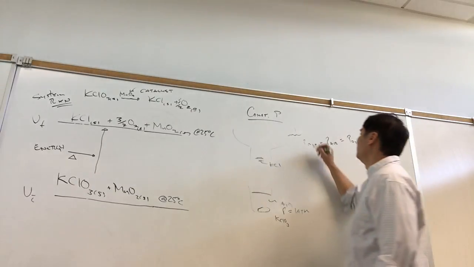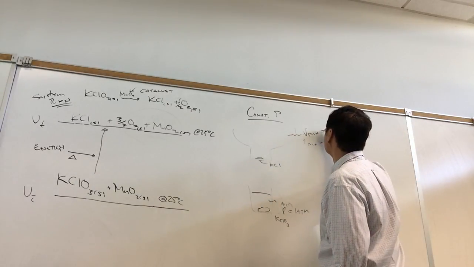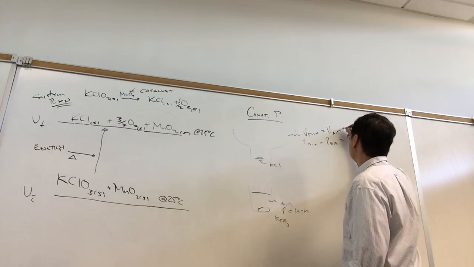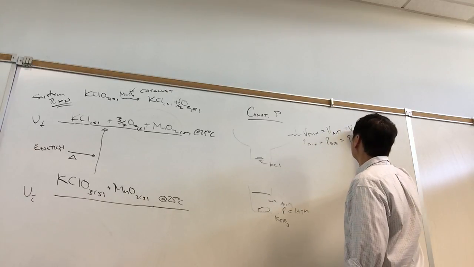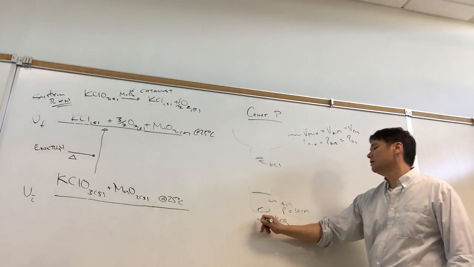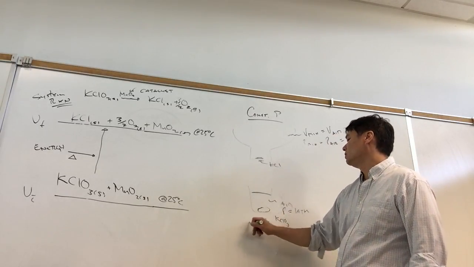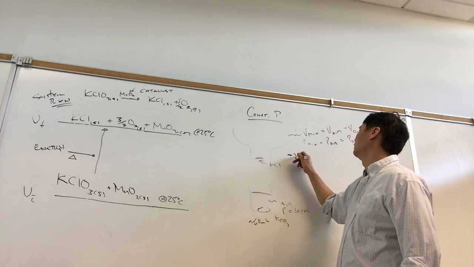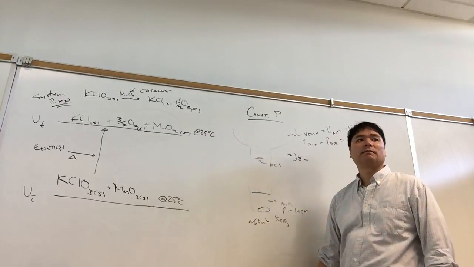Everything's constant. But the volume of the mix is going to be different, because it will be equal to the volume of air that was originally there, plus now the volume of O2. And so we're going to go from about 60 mils here to about 38 liters of volume.